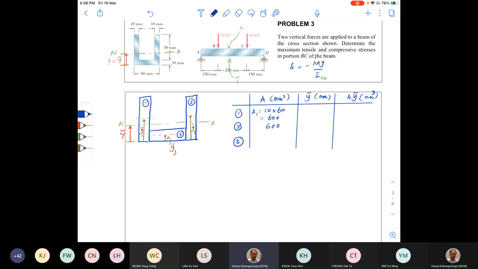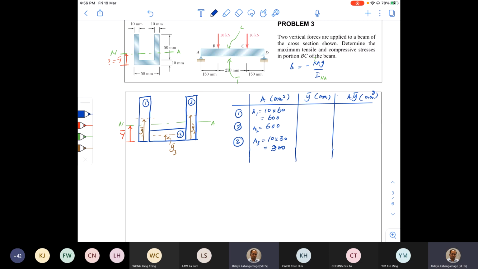How about 2? 2 is the same, therefore it is also 600. 3 has height 10 and the width is 30. Right? This is A2. A3 is 10 into 30, 300. Okay, right.